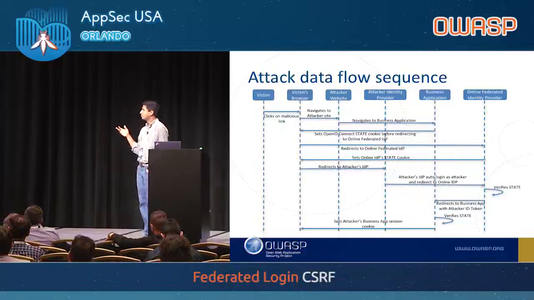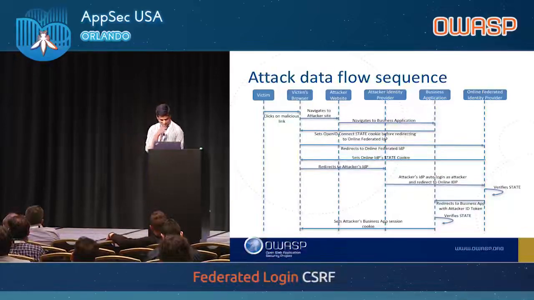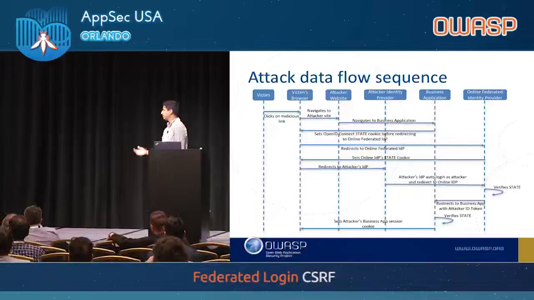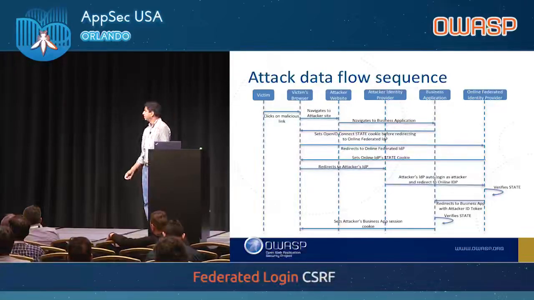It was too complicated to actually show in a data flow model, so I chose the sequence model. So what happens here is the victim clicks on a malicious link or visits a malicious web page or something like that using the victim's own browser. And this initiates a request to an attacker-controlled website.